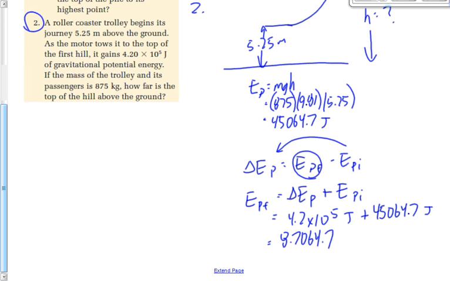Is that right? We add those two numbers together? No, that's not right. I think it's 4.65. Is that right? 4.650647 times 10 to the 5 joules. All right.